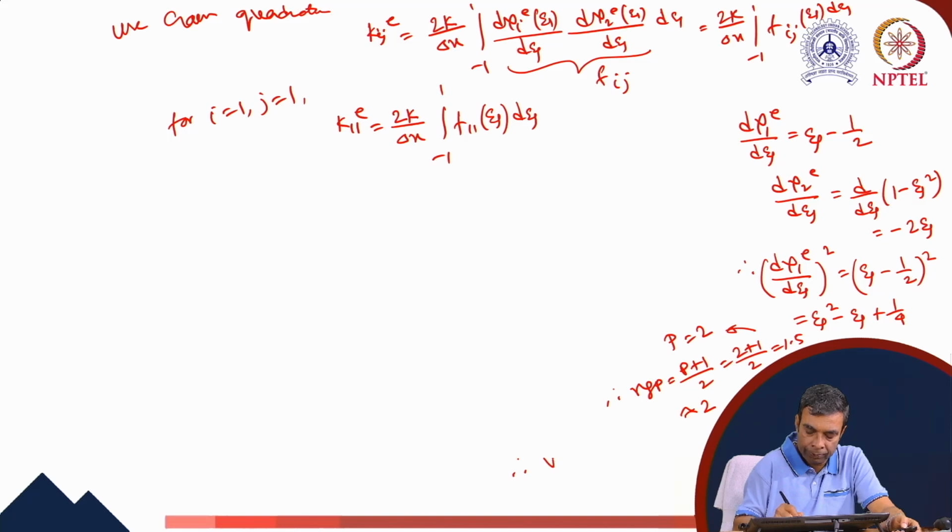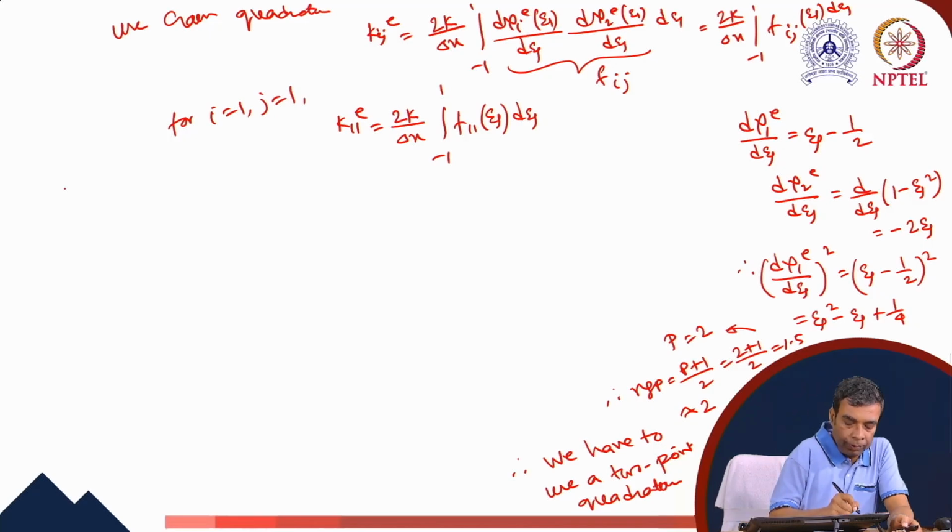Therefore, we have to use a 2-point quadrature. So use 2-point quadrature for the quadratic bar element.